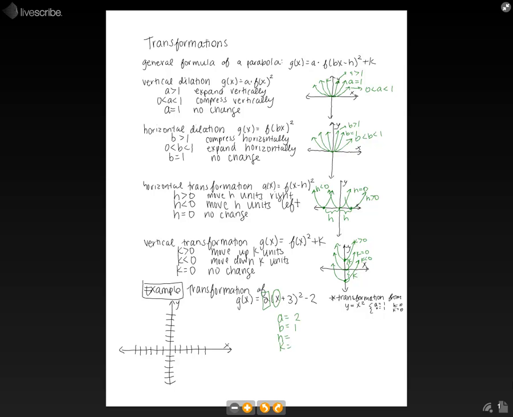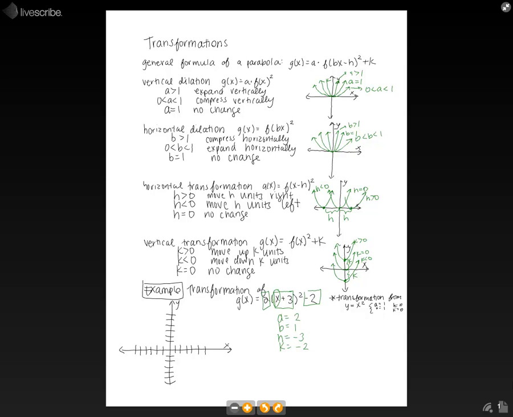The h is the part in x minus h. So we have x plus 3, which means that h has to be negative 3, because x minus a negative 3 would give us a positive 3. And finally, the k is the portion out in the back, which is a minus 2.